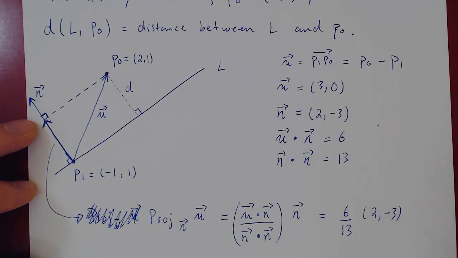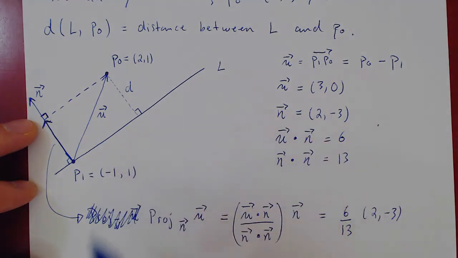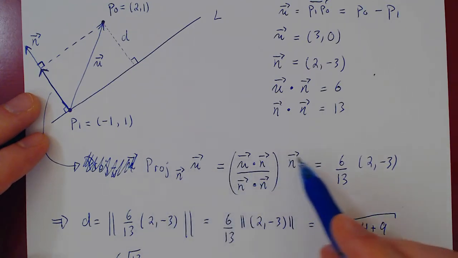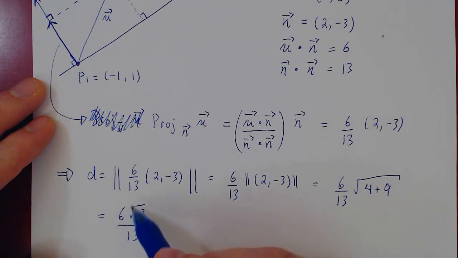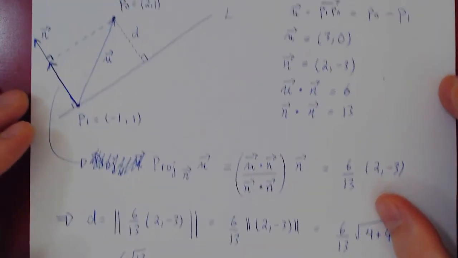And you can try, pick any other point on the line L, carry out the projection of u onto n, and you will get a vector whose length is always going to be 6 root 13 over 13. Finally, let's ask one more question.